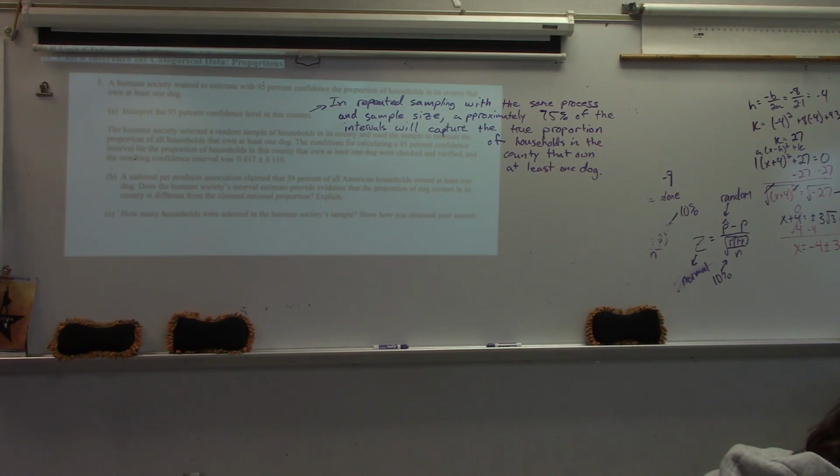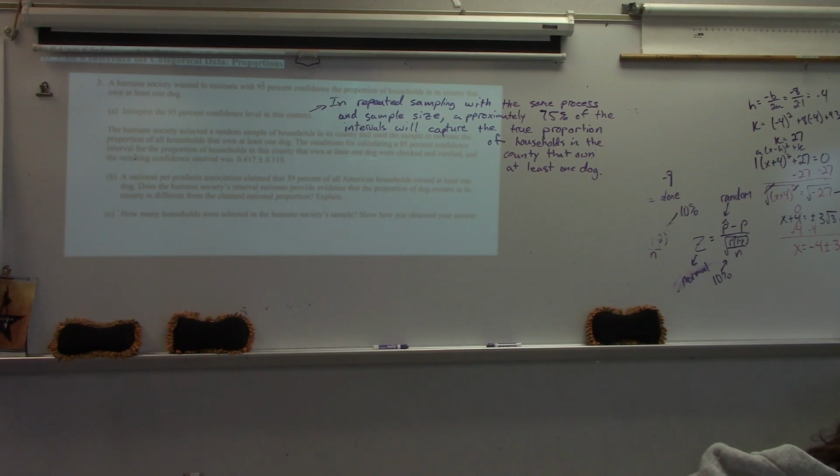So, do both confidence levels and confidence intervals use repetition? So remember with a confidence interval, we are 95% confident that the interval captures the parameter. Why? Because in repeated sampling with the same process and sample size, approximately 95% of the intervals will capture.